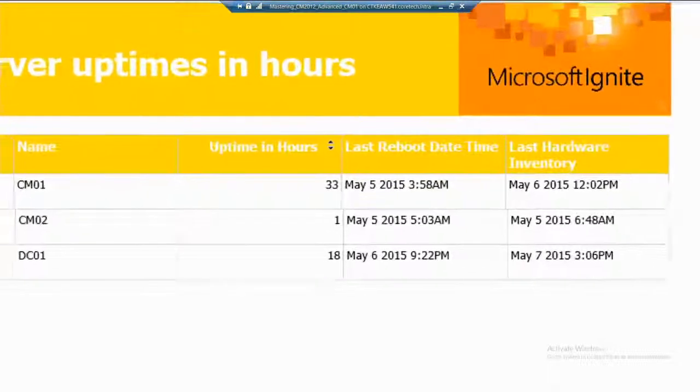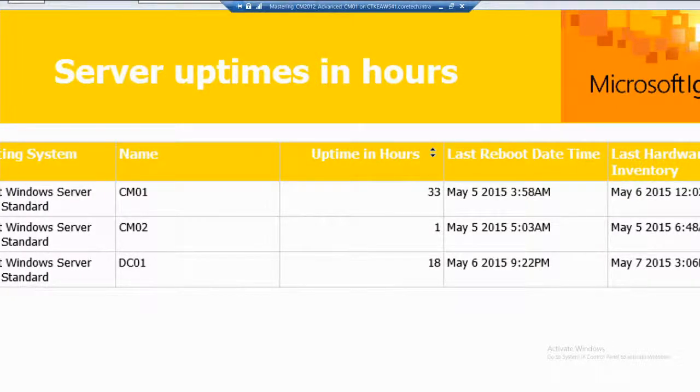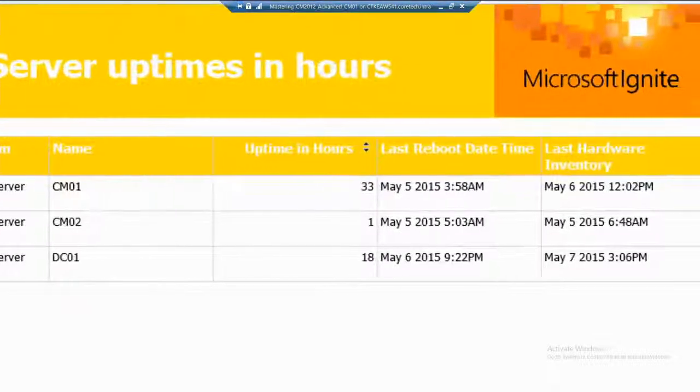So this report here, and again I'll make all the queries available here, will show me a few things that are extremely important in the data center. I'll be able to see the uptime in hours, very interesting. I'll also be able to see the last reboot date. But as you know, we have virtual machines and they spin up and down and up and down, and then they're removed. So I'll also be able to see the inventory date in here.